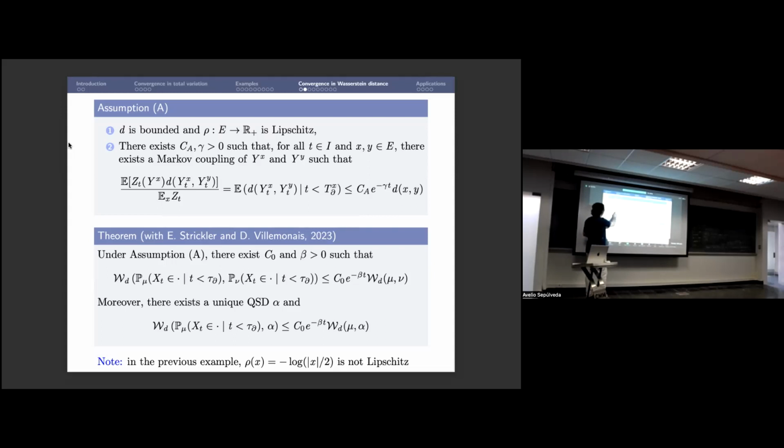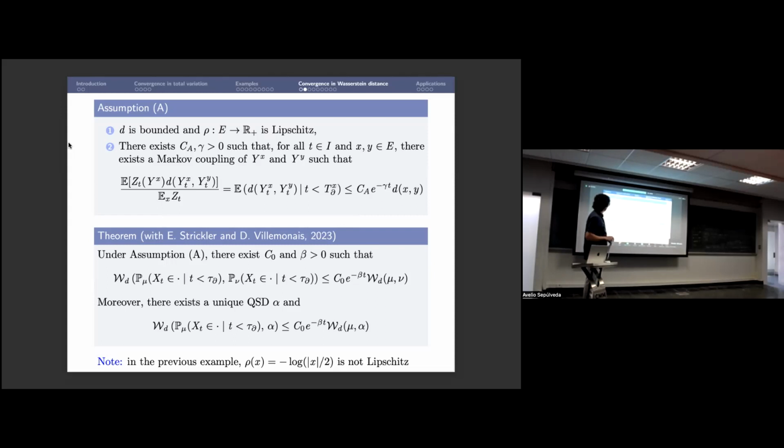Maybe we could try Z_t of Y^x infimum with Z_t of Y^y. So it's a sort of symmetric conditioning, but it's not really easy to interpret probabilistically. We tried that and we did not succeed. Actually, we tried a lot of possibilities. And this one happens to work, but I do not have so satisfactory an explanation of that.